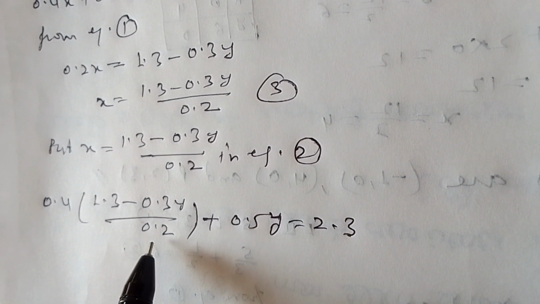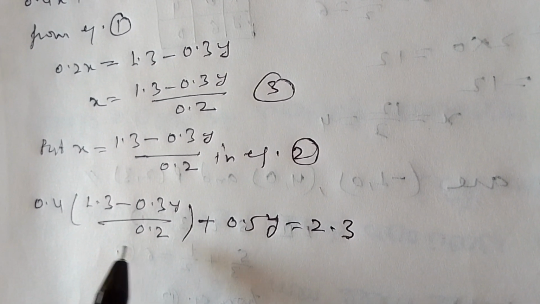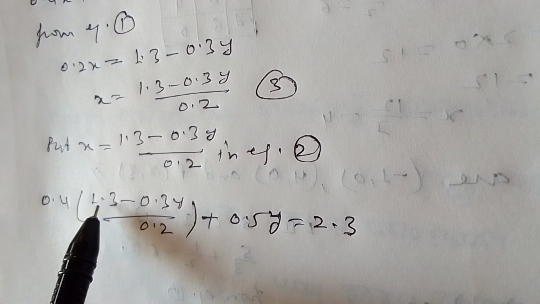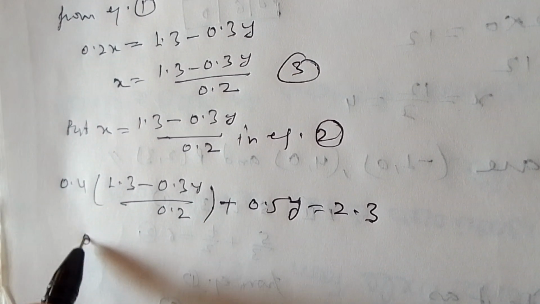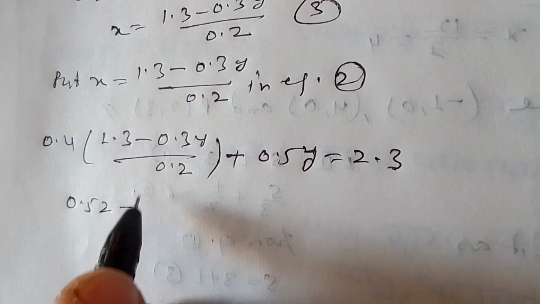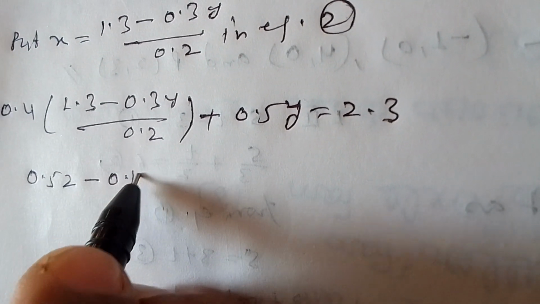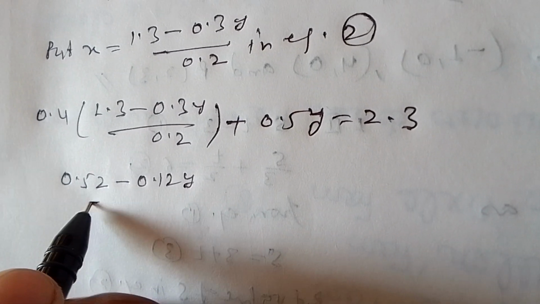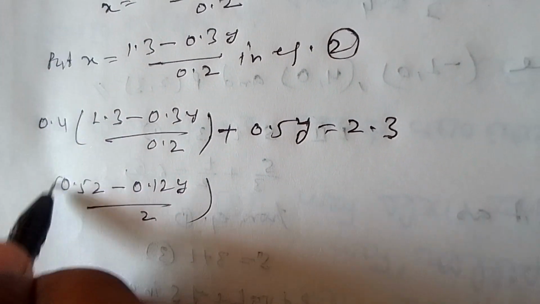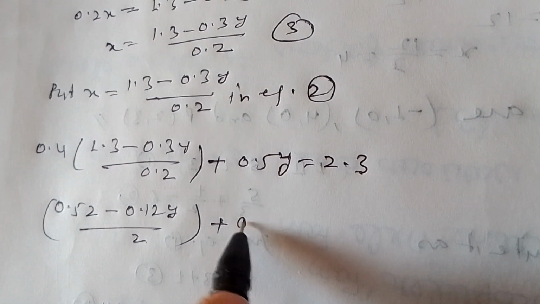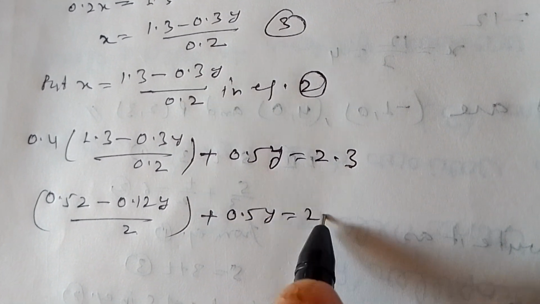So 0.4 multiplied by 1.3 becomes 0.52, minus 0.4 multiplied by 0.3 becomes 0.12y, divided by 0.2. So plus 0.5y is equal to 2.3.